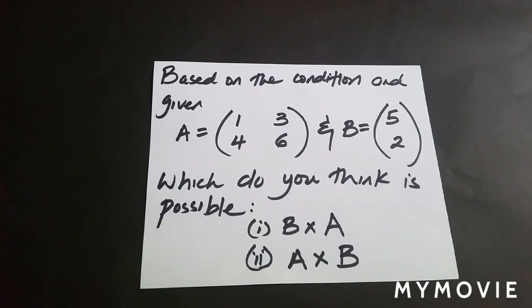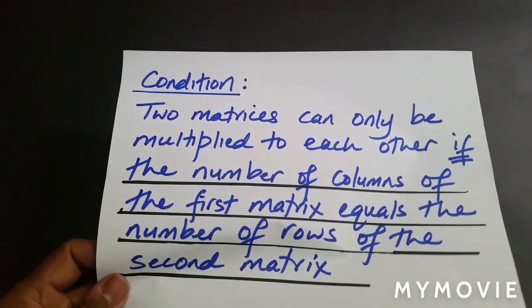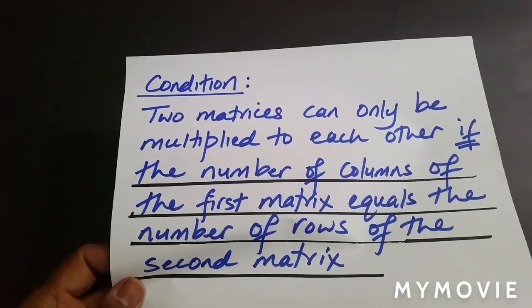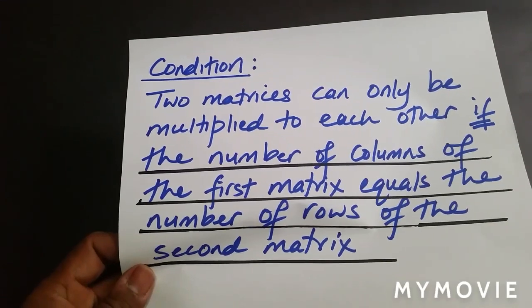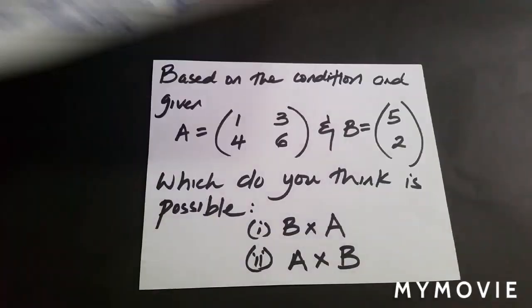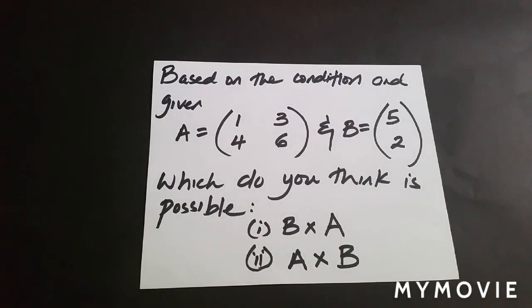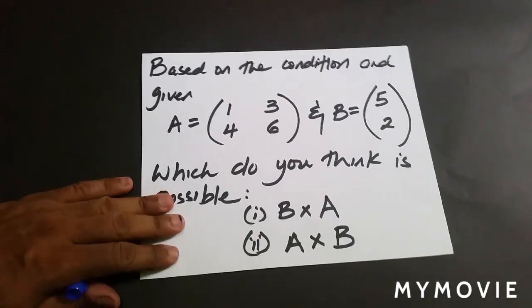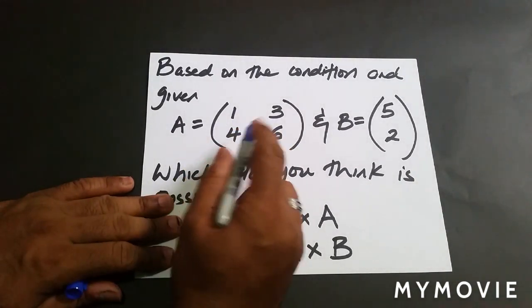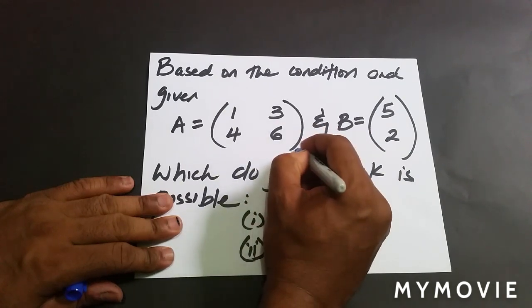Now, based on the condition we just looked at, two matrices can be multiplied to each other if the number of columns of the first matrix equals the number of rows of the second matrix. That's the condition they're talking about. So based on the condition, and we're given two matrices here, which do you think is possible? The first thing I want to do is look at matrix A. The order of matrix A is 2 by 2.